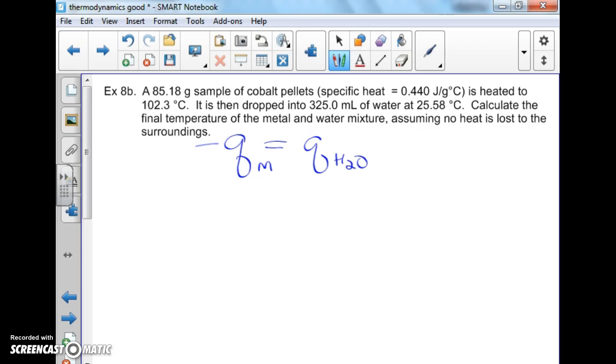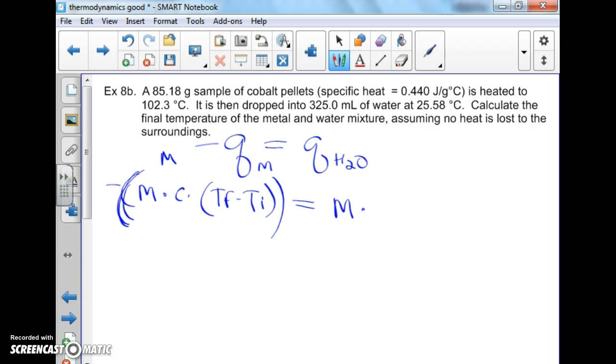So what we're going to do next is we're going to set up our problem. So it's going to be negative M times C times TF minus TI. And this side's all about the metal. Then this side is going to be M times C times TF minus TI, and this is about the water, because we made that side the water.